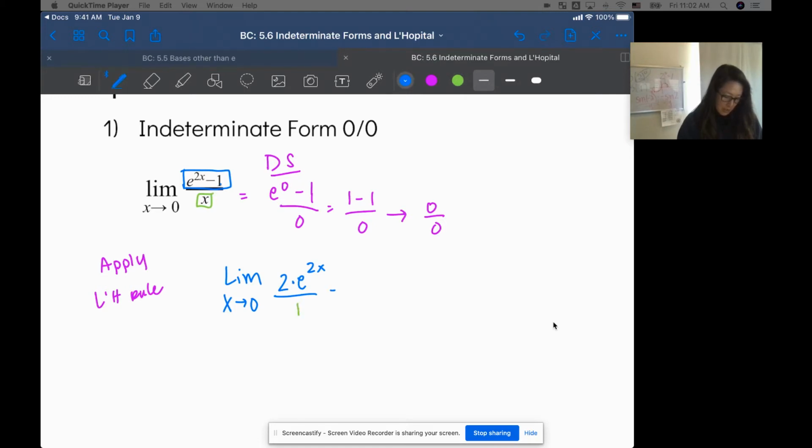So now I don't have an x in the denominator, so I'm just going to apply direct substitution. I end up with 2 times e to the 0, which is just 2. So the limit as x approaches 0 of e to the 2x minus 1 over x is actually 2.